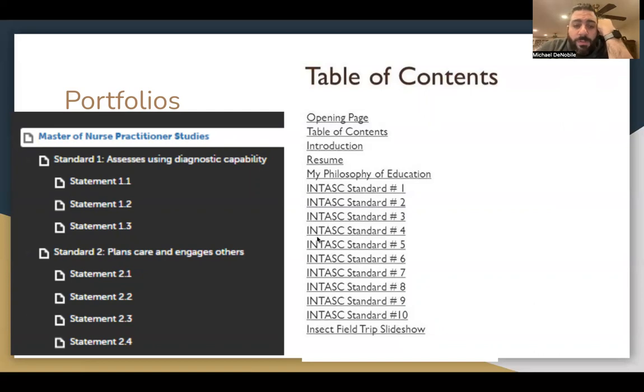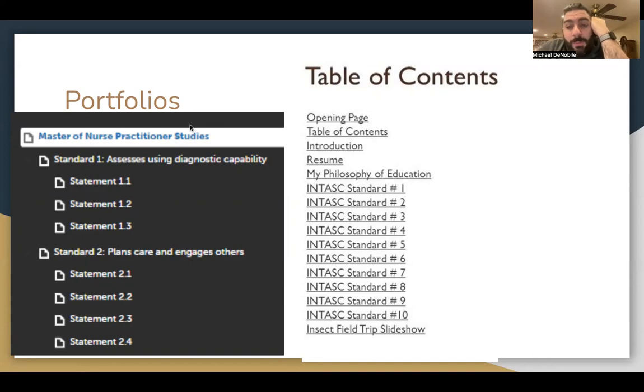We did portfolios. The whole point of looking at portfolios here is, what can these portfolios give us in terms of data? I know the easiest way of looking at some of this portfolio data is, typically speaking, portfolios, if they're done right, are aligned to standards, and those individual artifacts can demonstrate whether or not a student has met or is meeting, meaning approaching, a particular standard.